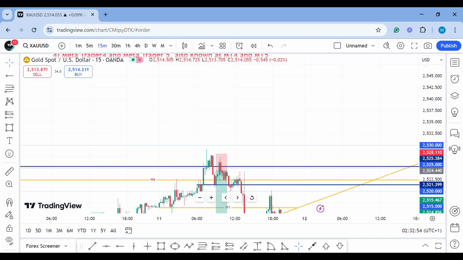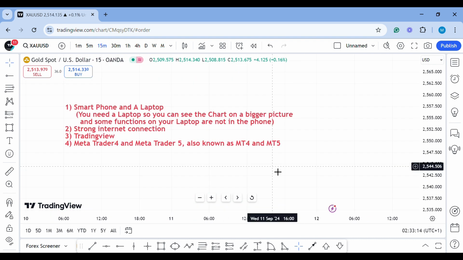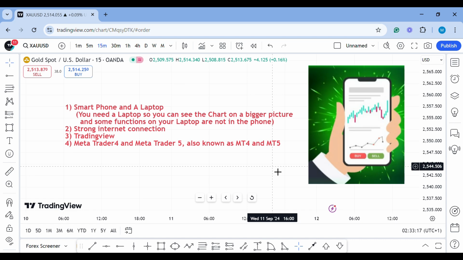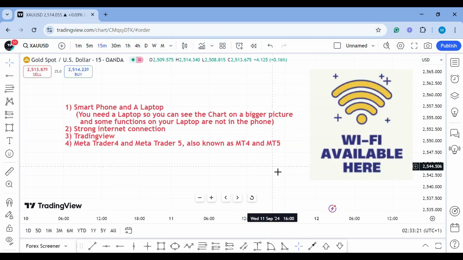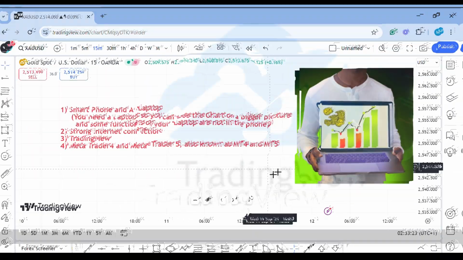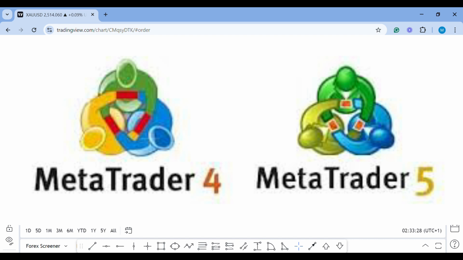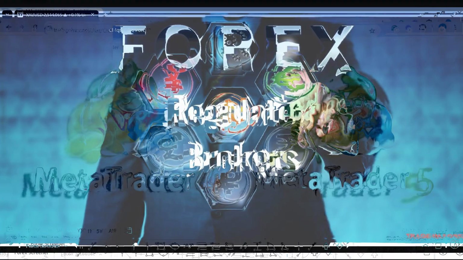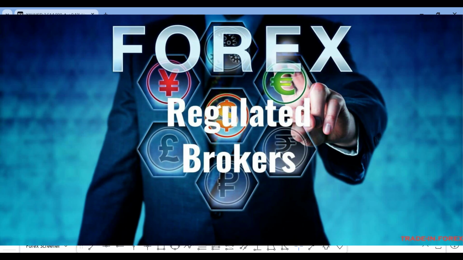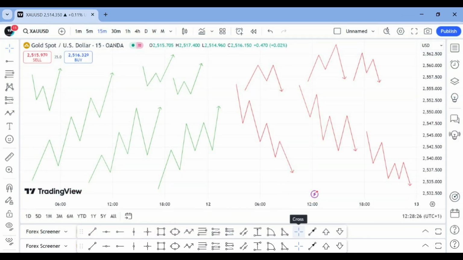So these are the tools every serious trader needs: your smartphone, strong internet connection, your laptop, TradingView, MT4, MT5, a good and reliable broker, investment capital, trading journal, and strategy. These are the tools every inspired trader needs as a beginner.